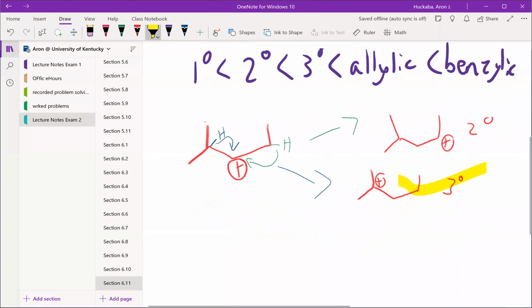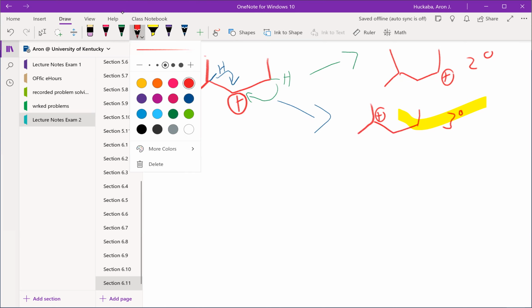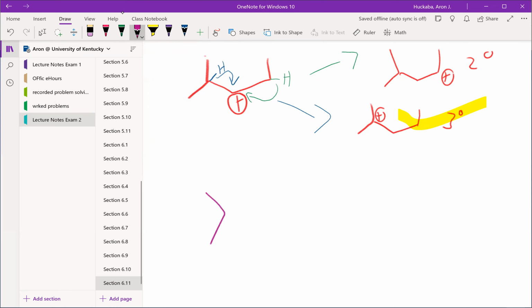And similarly, you could imagine the same with methyl shifts, where let's say you had a molecule that had these two types of systems here.